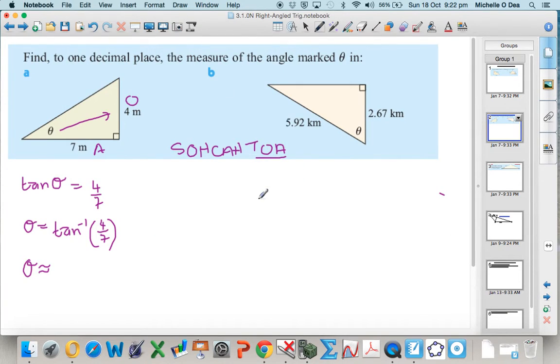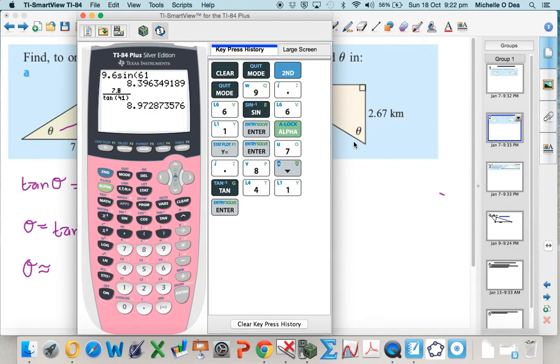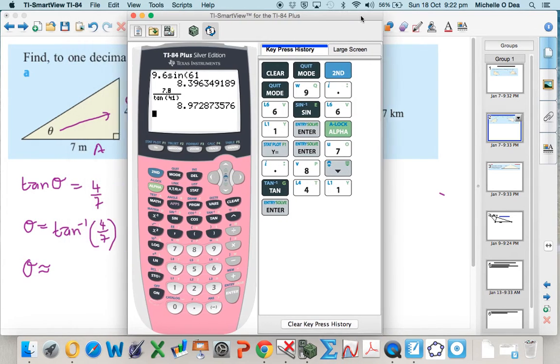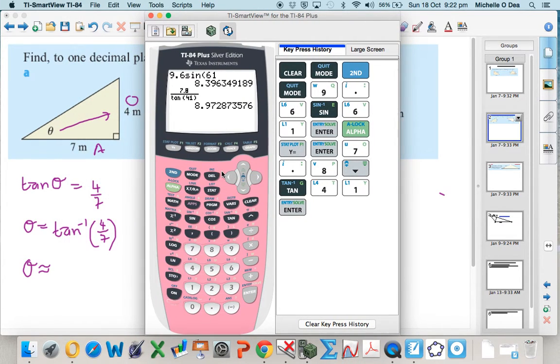Oops, let's just get it up again. And so the only thing you have to do different, notice here above my tan button there's a tan -1 in blue, so I have to do second tan. And again, I like to get my fraction button. I really like that function in the calculator now.